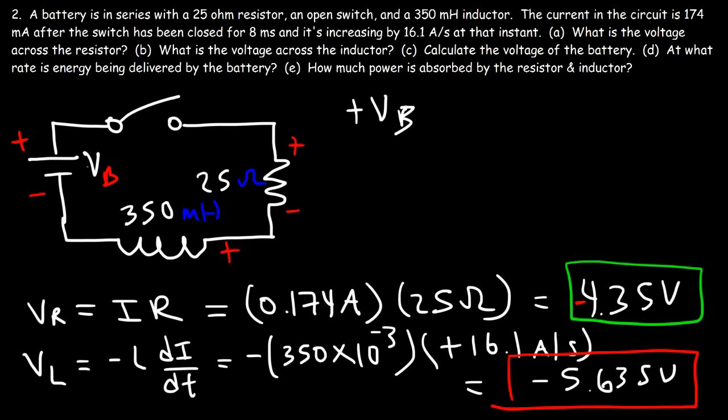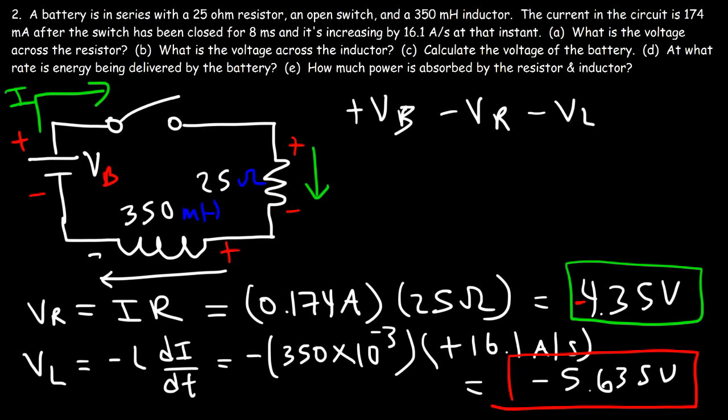The current is going to flow in this direction. Now the current flows from positive to negative, so we're going from high potential to low potential. So that's the voltage drop. And here it's going from high potential to low potential, so that's another voltage drop.